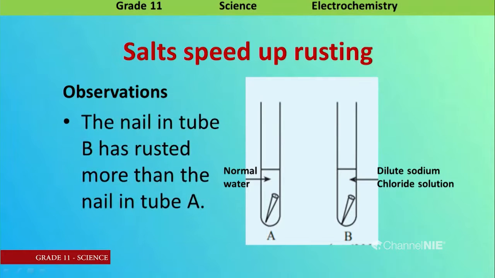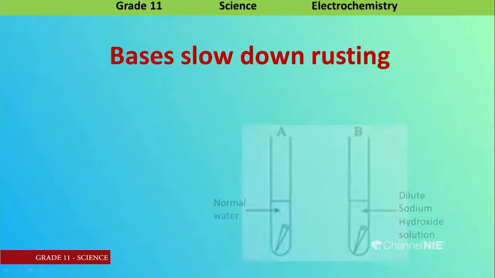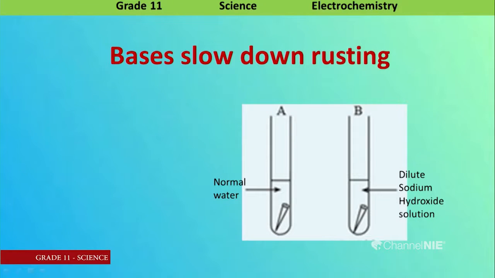And as I told you earlier, bases slow down rusting, children, right? Here as the base, dilute sodium hydroxide solution is taken and 2 clean iron nails are placed in them.